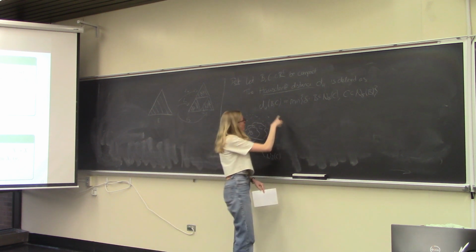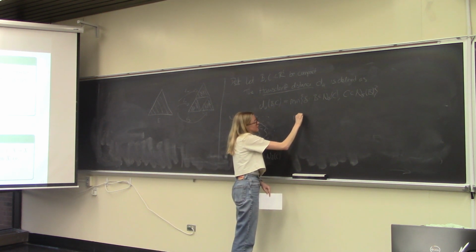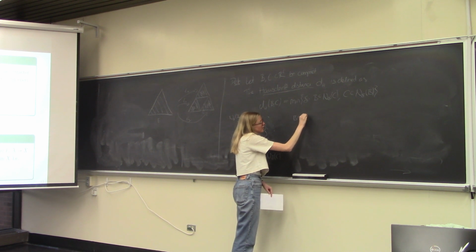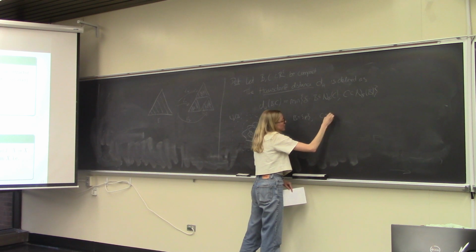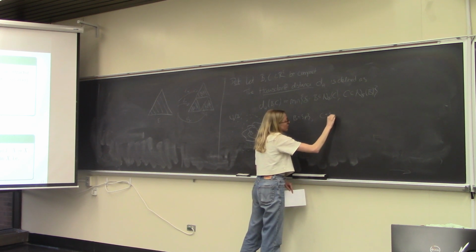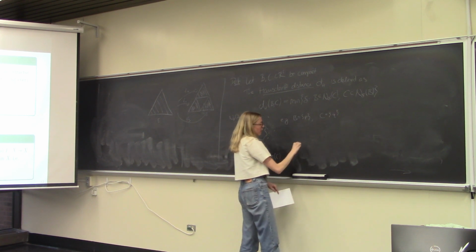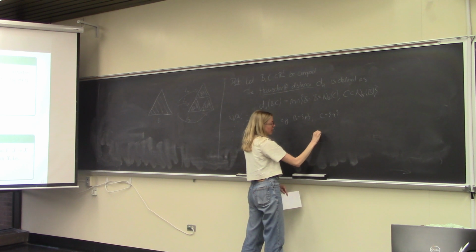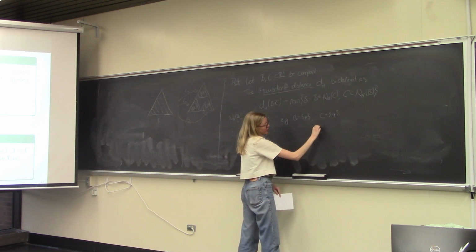Now, if B would be a point P, and C would be a point Q, so that's an example. What we have is the delta neighborhood is just a ball of radius delta around the point.